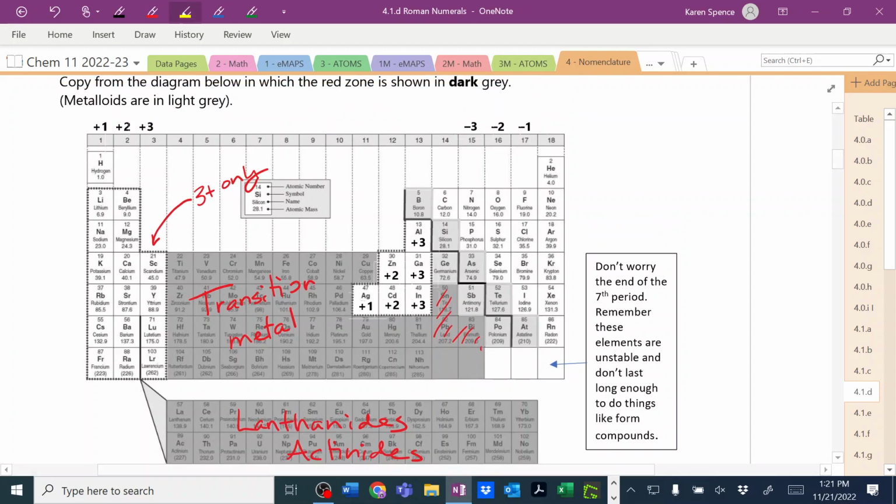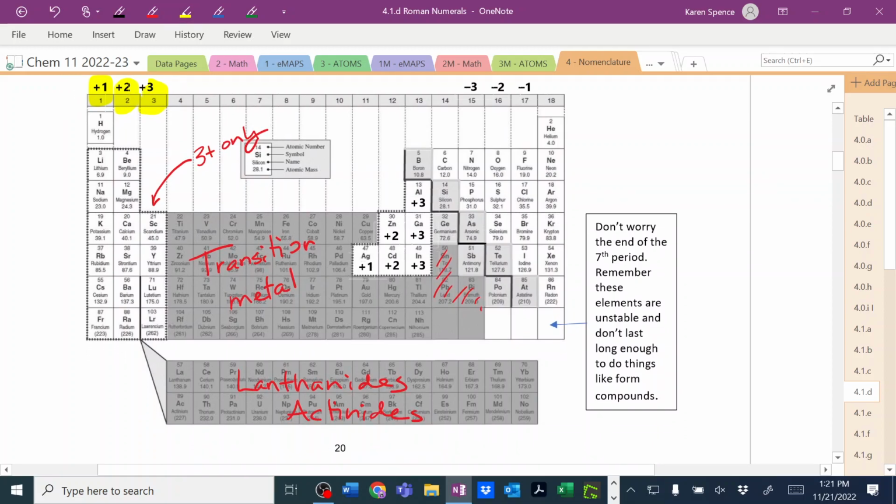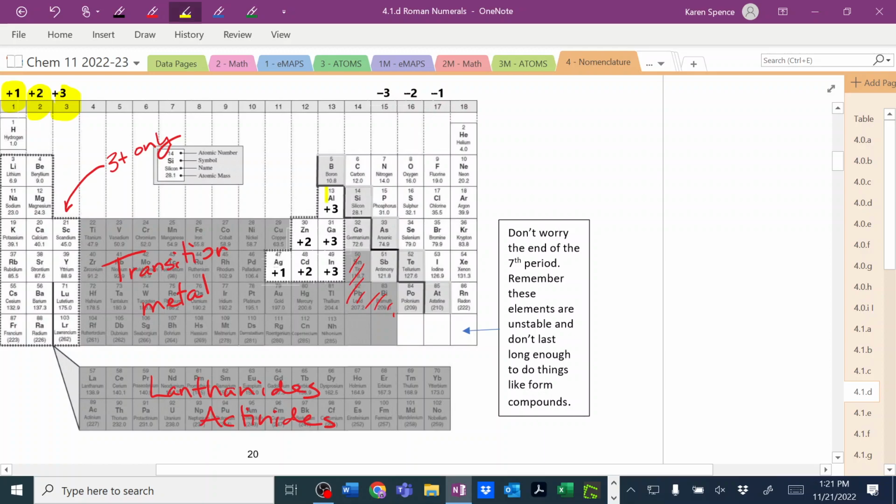Just like column 1 is 1+ only, column 2 is 2+ only, column 3 is 3+ only. The other monovalent things, the things that don't have more than one charge, are in this little staircase in here. And these ones are, the group of 3 of them are all 3+, the group of 2 of them are all 2+, and that is 1+, okay?